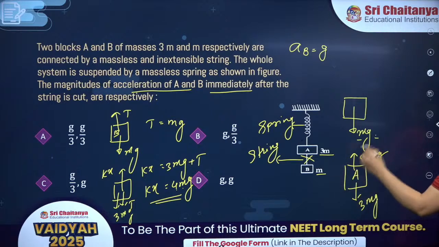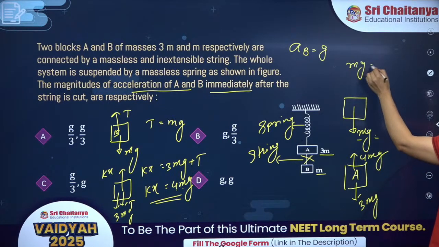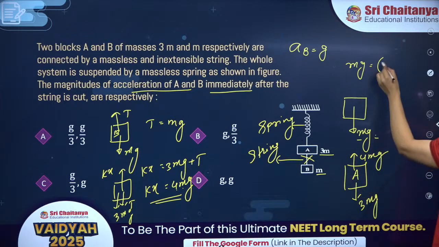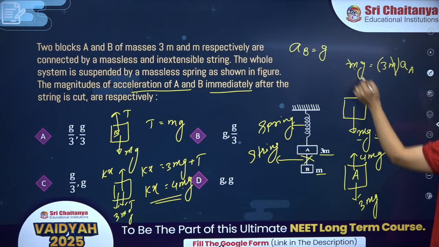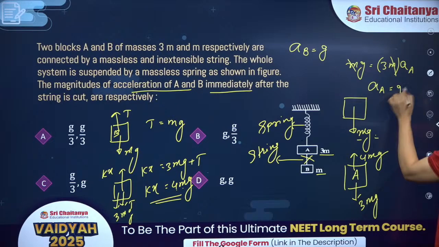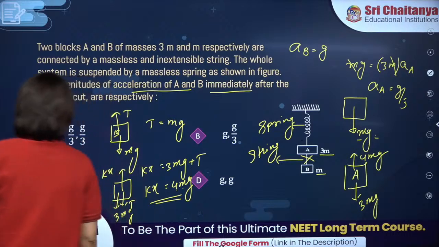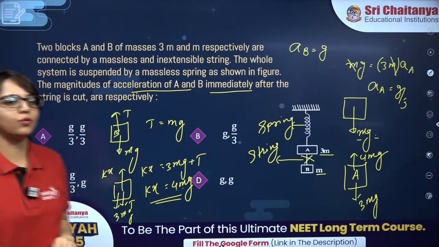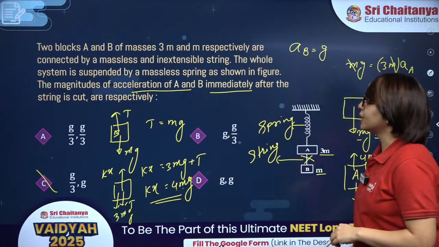So for A, the net force is 4mg minus 3mg, which is mg, and it should be equal to mass of A into acceleration of A. So m cancels, and acceleration of A will be g by 3. So acceleration of A is g by 3 and acceleration of B is g, which is option C over here. Okay, option C beta. All right, well done guys, well done.